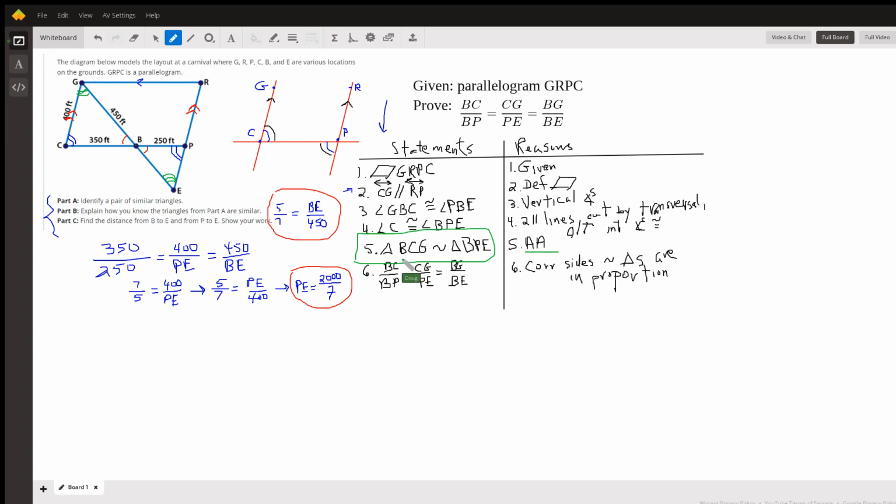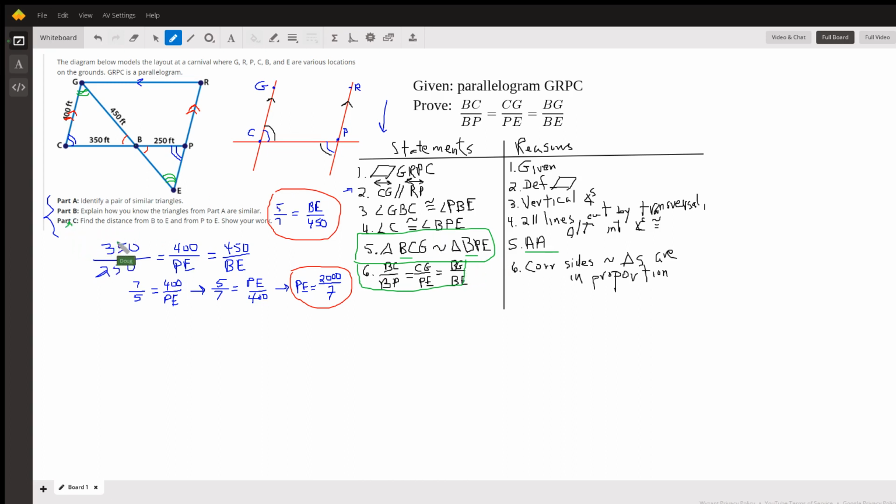And just get the letters. BC is to BP, as CG, that's the last 2 letters, is to PE, as BG, first and third letters, is to BE. Okay, and this is the proportion we're going to use to solve part C.